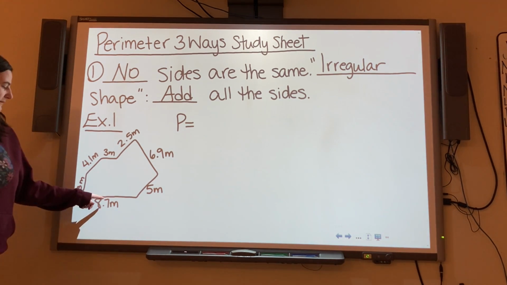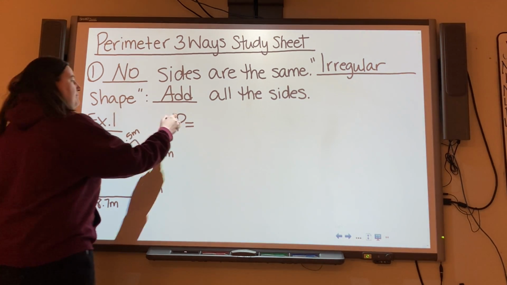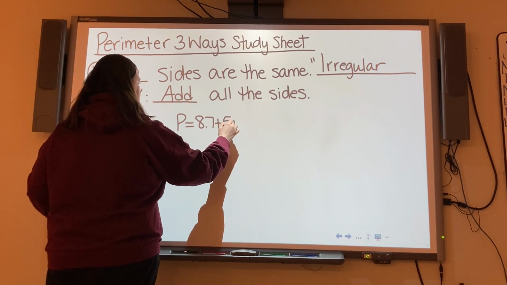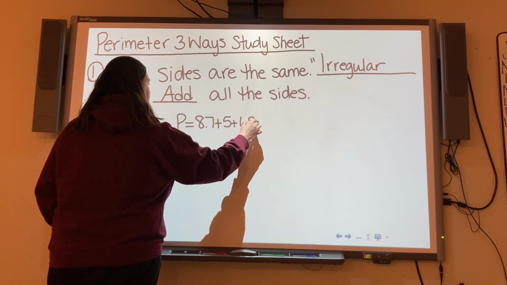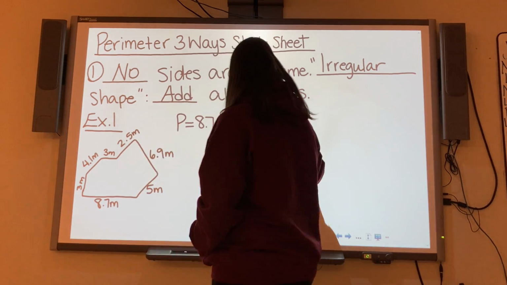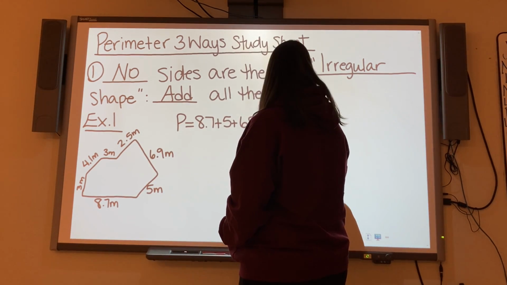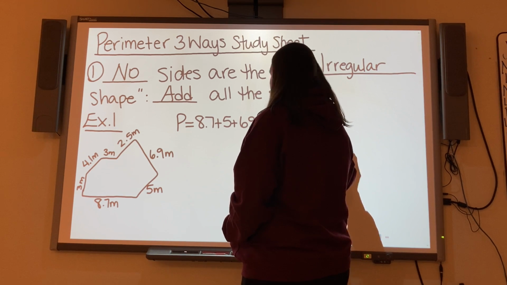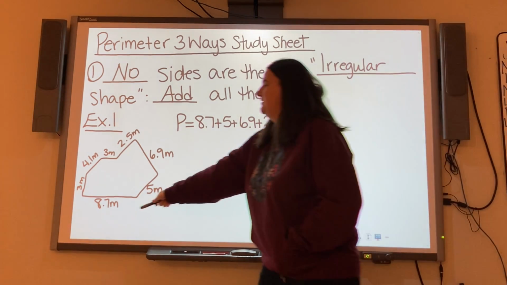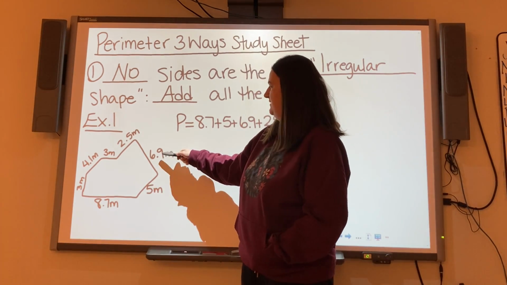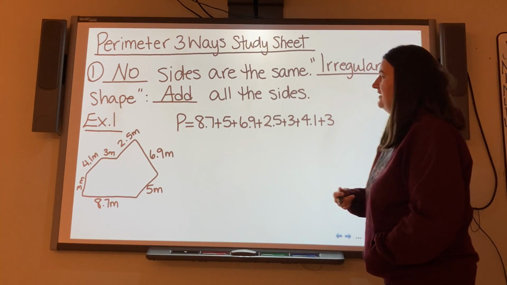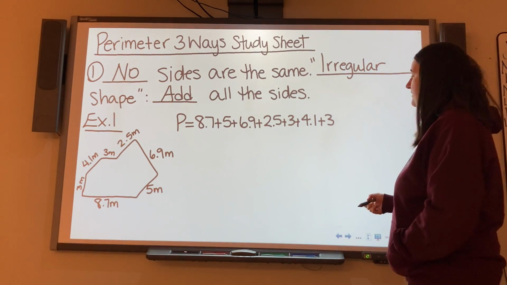Let's start with the bottom. 8.7 plus 5 plus 6.9 plus 2.5 plus 3 plus 4.1 plus 3. So that's all of them. I went counterclockwise. So I'm going to add them all up together to find out what the perimeter is.